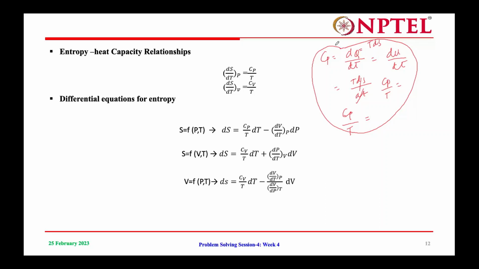Okay. So based on some Maxwell relations, we get these terms. So dS by dT at constant pressure is equal to Cp by T, and dS by dT at constant volume is equal to Cv by T.